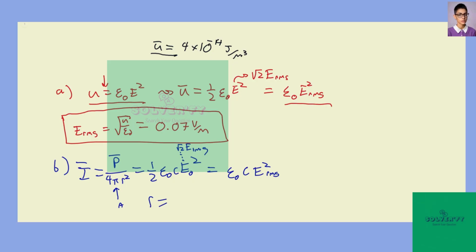and that is, I'm going to write it like this, everything under the square root, so power over 4 pi epsilon naught times the speed of light. And I'm also going to put the E squared RMS on the inside of this just to keep everything together.